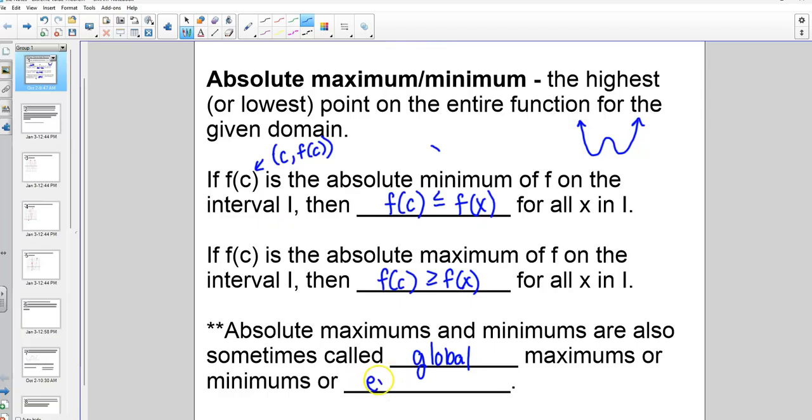Sometimes they'll use the word extrema to mean the highest or lowest, right? So it's the extreme value. It's the name of the theorem that we'll be working with today, the extreme value theorem. Right, so extrema is one word we can use to mean maximums or minimums without having to specify maximums or minimums.